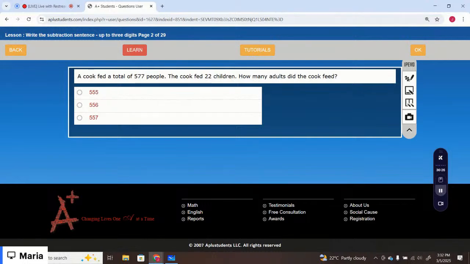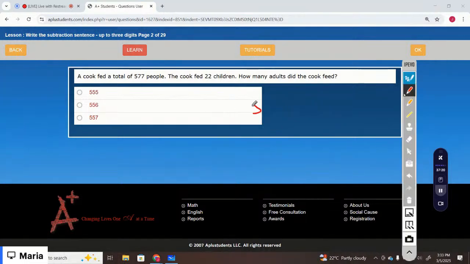How many adults did the cook feed? 577 take away 22, because you need to calculate how many adults he fed.